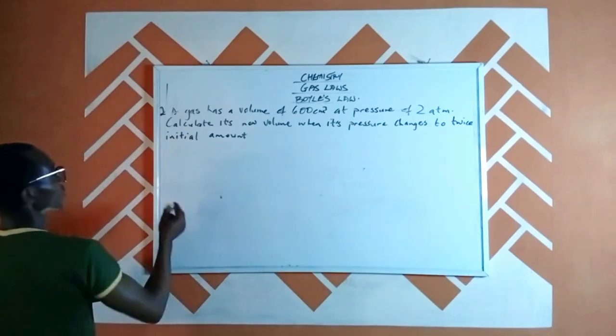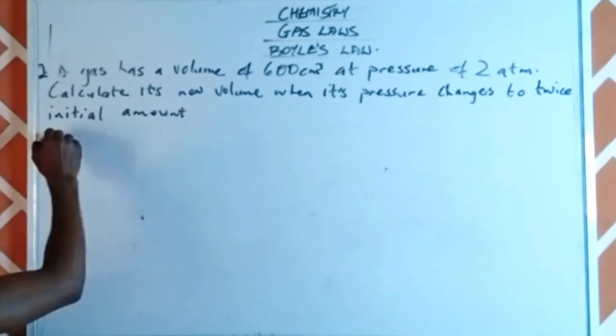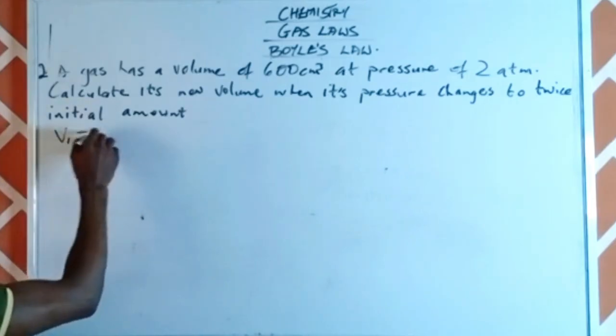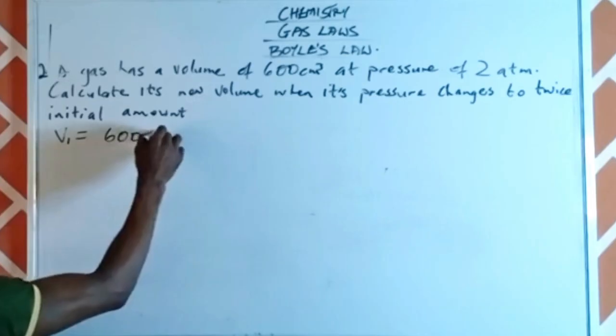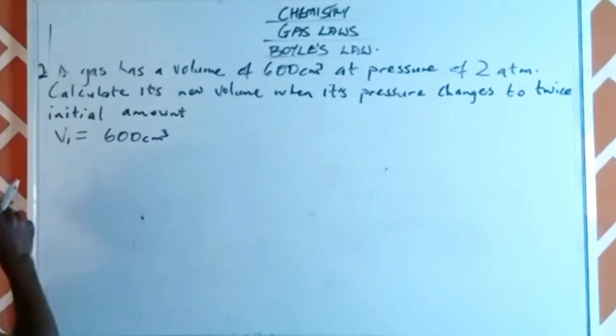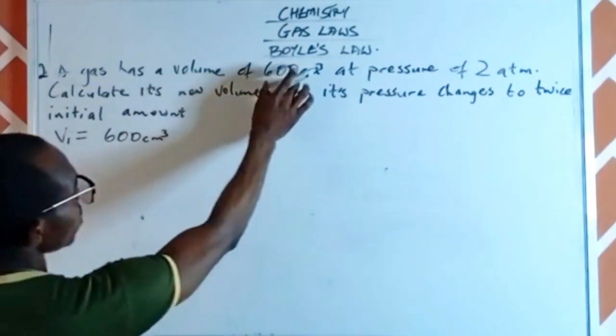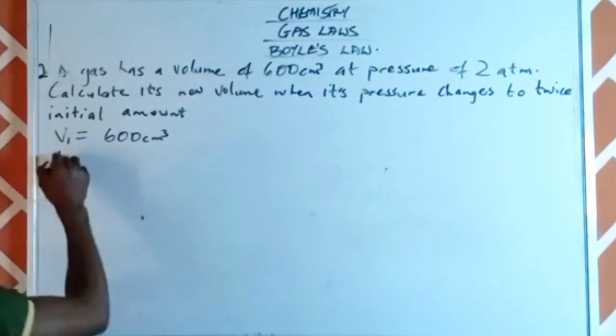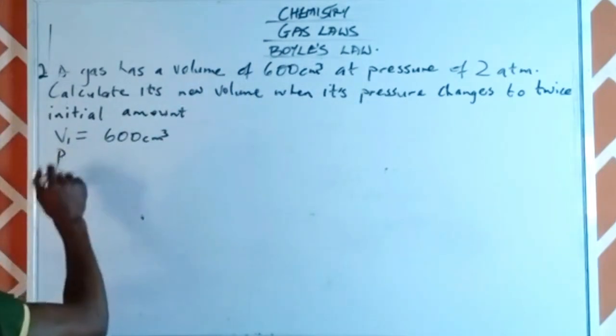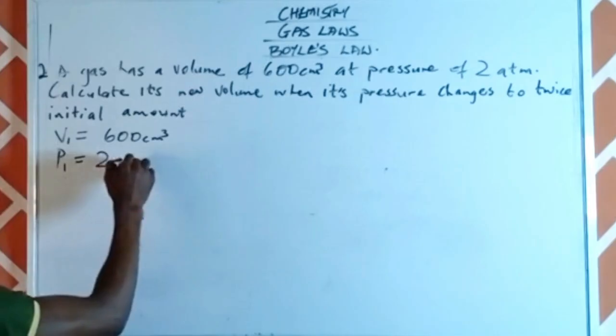So this is similar to what we have done before. We have our V1 to be 600 centimeter cube. So the question says, at this volume of 600 centimeter cube, the pressure was 2 atm. P1 equals 2 atm.